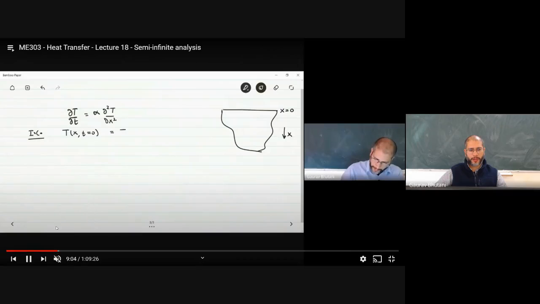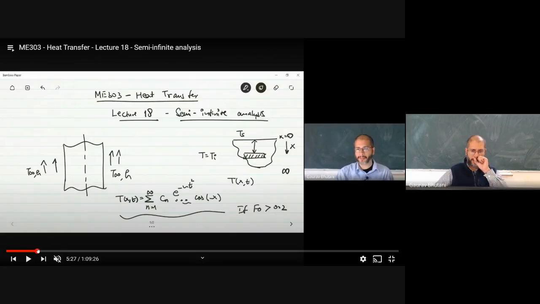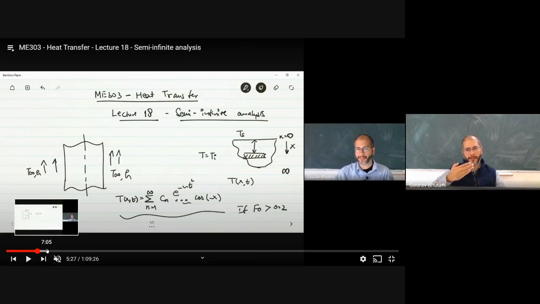Of course, you won't see real systems which have infinite dimensions, but even for small dimensions, when your Fourier number is small, you can use this idea of semi-infinite analysis, because for small times, the information because of a step change on the boundary has not penetrated deep enough. So you can use semi-infinite analysis even for small spatial lengths, as long as your t star or the Fourier number is small.